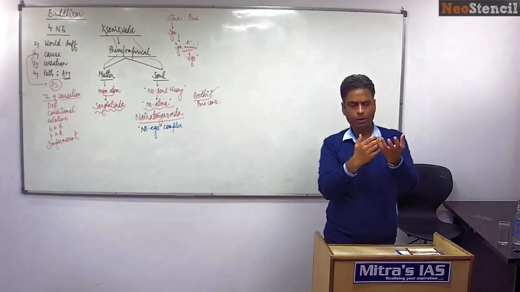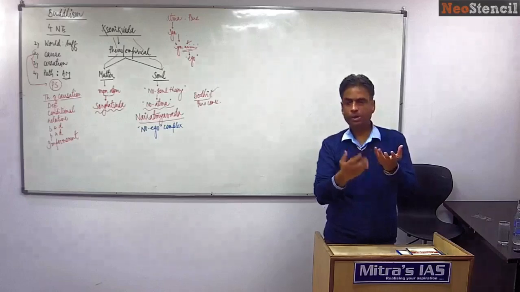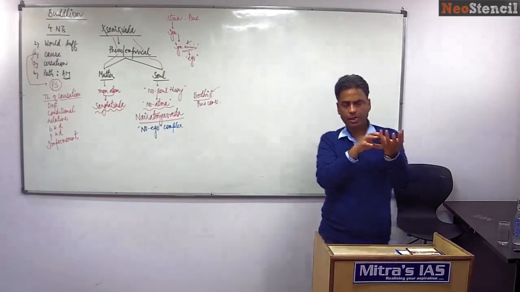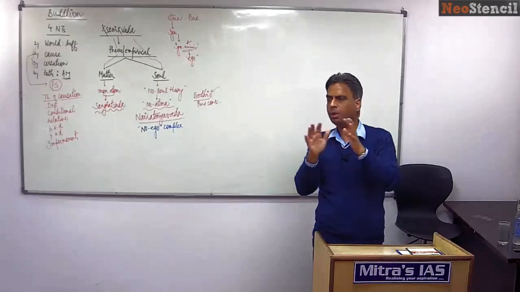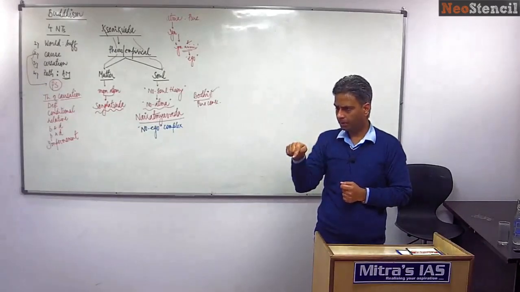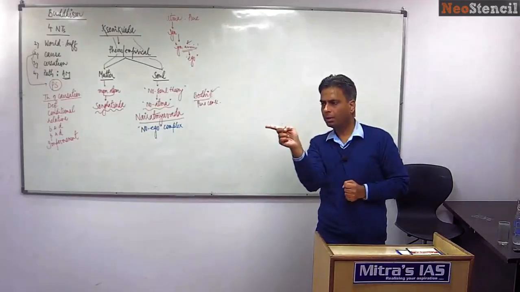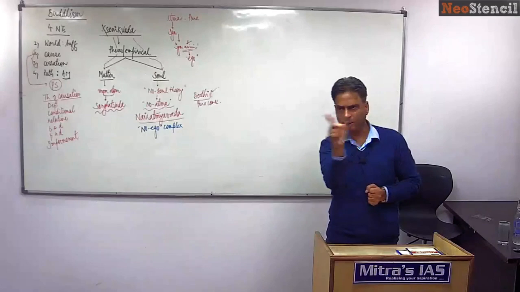Every Veda consists of something. Then what is their ritual significance? Their ritual significance has been elaborated in a new text known as Brahmanas. Not a Brahmin. Brahmin is a word. It is a Brahmana. So every Veda will have their own Brahmana. Rigved will have Brahmana, Samved will have Brahmana.